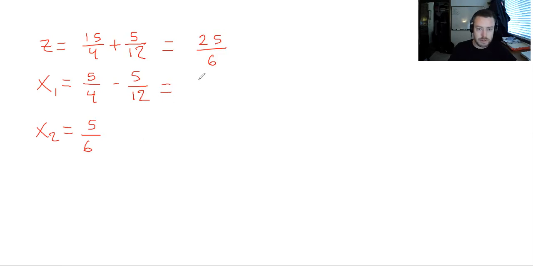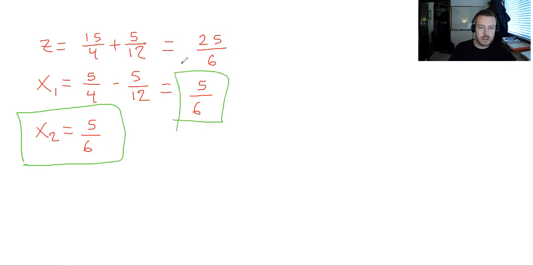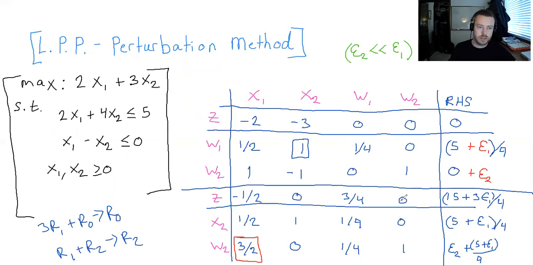It's going to be 5/6. Right? So this should be, all right, so x2 is 5/6, x1 is 5/6, and then z is 25 over 6. Right?